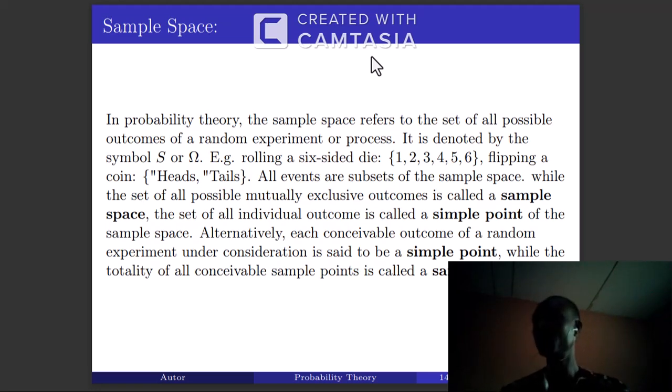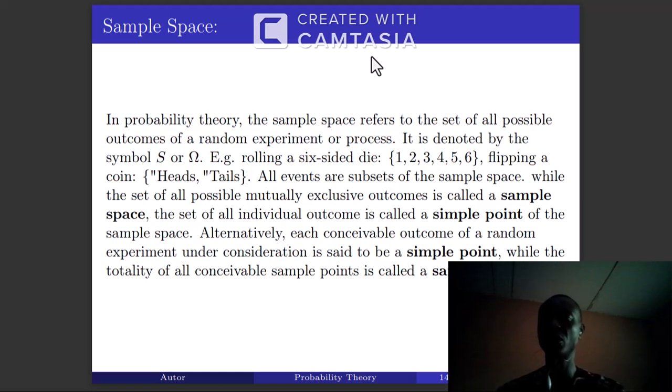For example, if you throw a fair six-sided die, what are the possible outcomes? Either it turns up 1, 2, 3, 4, 5, or 6. For a coin, we have either head or tail. For rain, either it rains or it does not rain. So those are the sample spaces.